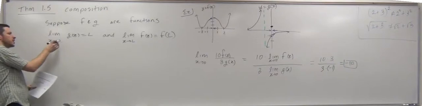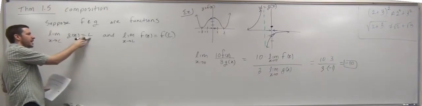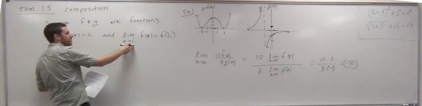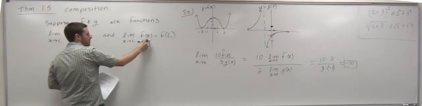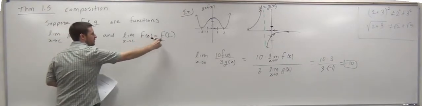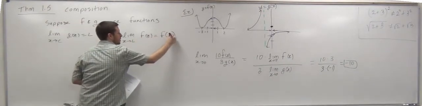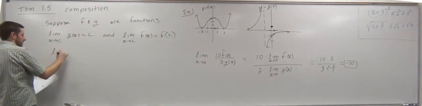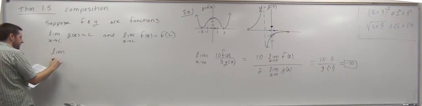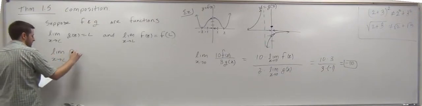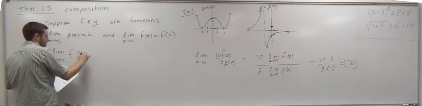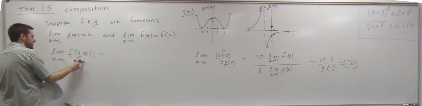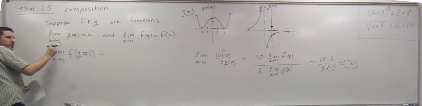But I want two functions where when I go to C, I get L out of my g function, and then in another function when I go to L, I can just plug it in and get f of L. If that's the case, then the limit can be squeezed right past f. So this is composition, when you plug one function into another function.